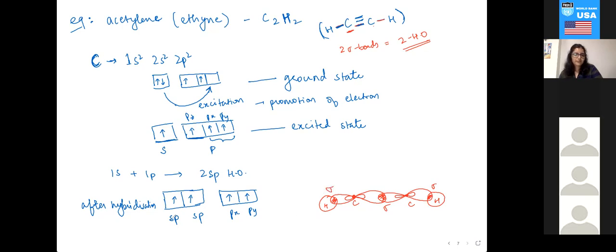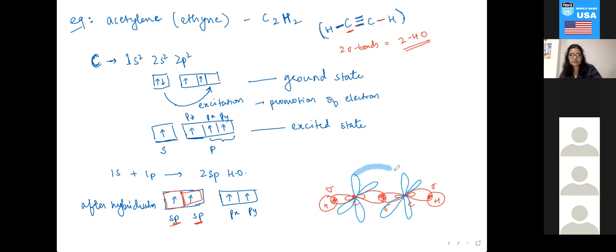So the sp orbitals have done their part. They have bonded. Now the remaining other two p orbitals are there, right? They are again perpendicular to the axis. So they will do their job of forming the pi overlaps.